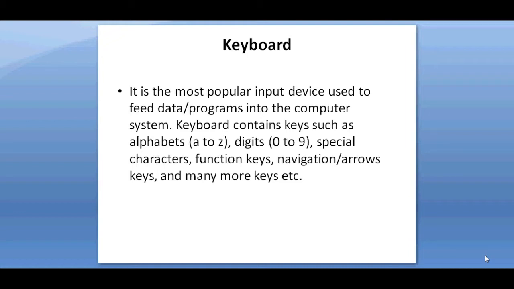Fourth, control keys. These keys provide cursor and screen control. They include 4 directional arrow keys. Control keys also include home, insert, delete, page up, page down, control, alternate meaning ALT, and escape, short form ESC.